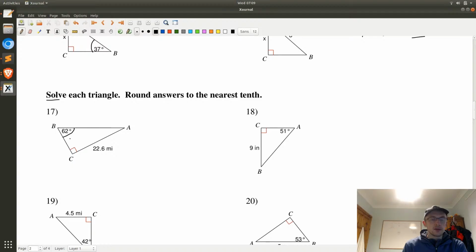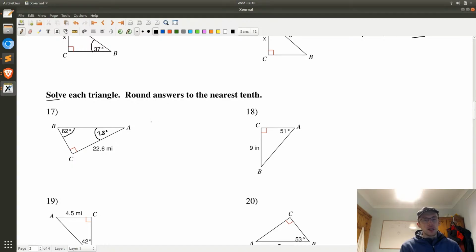The internal angles of a triangle add up to 180 degrees, so 90, 62, so this must be 28 degrees over here. Then we can use whatever we want.